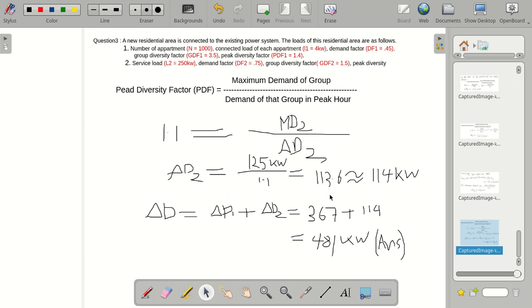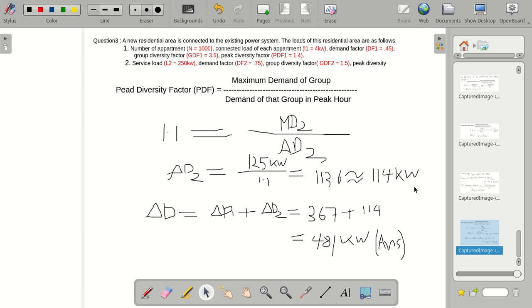Now we should use the peak diversity factor formula. This is equal to the maximum demand of the group of service load divided by the demand of that group in peak hour. From this formula we can calculate delta D2, which is MD2 divided by 1.1, the peak diversity factor. So 125 divided by 1.1 is equal to 113.6, or approximately 114 kilowatt.